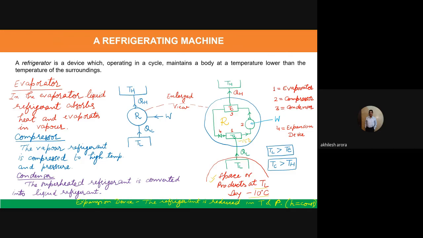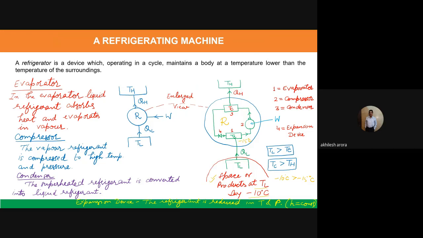Automatically the heat will flow from minus 10 to minus 15, because minus 15 is the lower temperature and minus 10 is the higher temperature. So the heat QL will flow to the evaporator. Now, what is actually happening in this particular case?